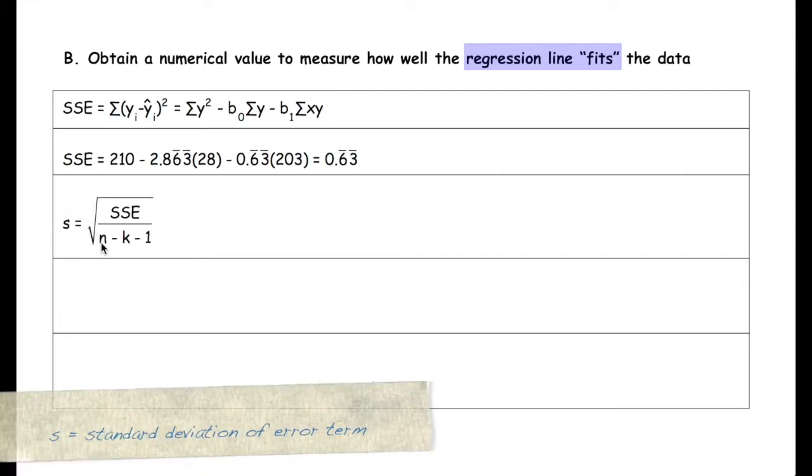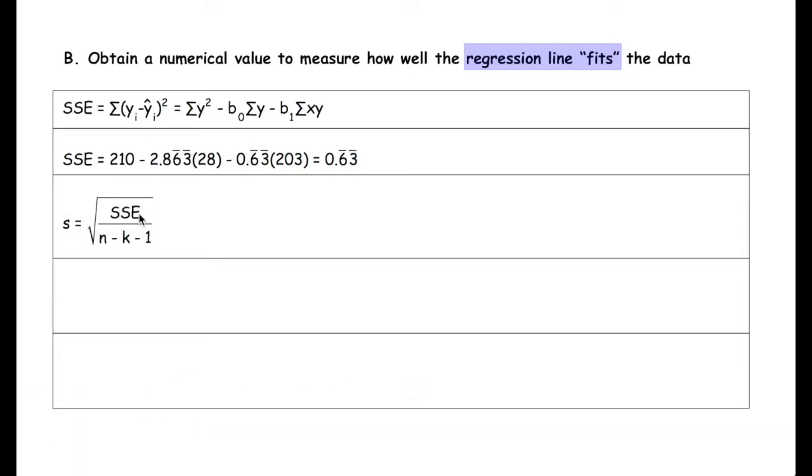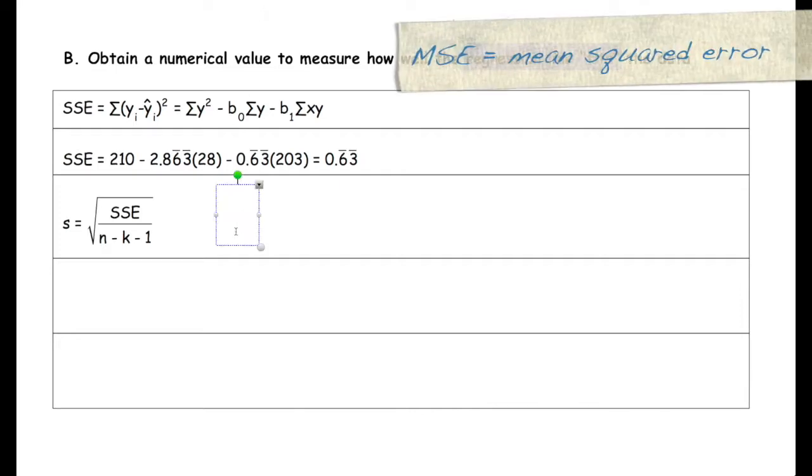It is simply the square root of SSE divided by n minus k minus 1. What's also pretty chill to remember is that when we divide SSE by n minus k minus 1, that concept tells us MSE. So what's inside of the square root is called MSE, the mean squared error.